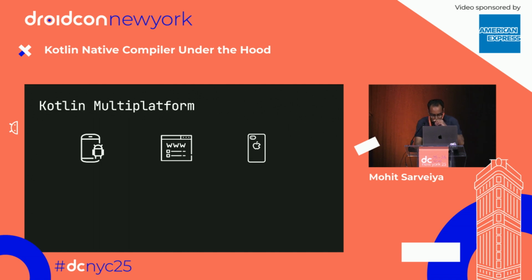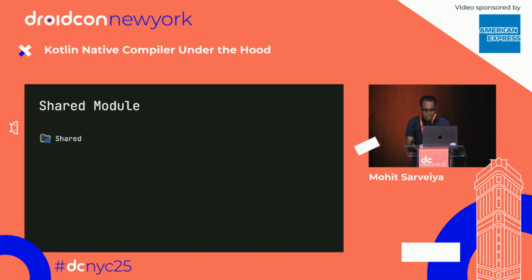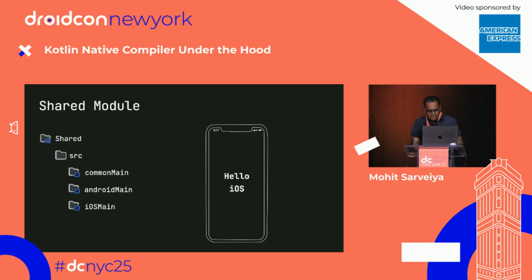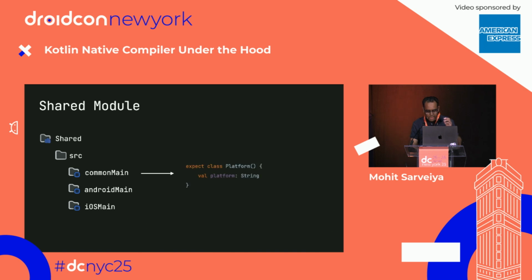Suppose you had a Kotlin Multiplatform application and you were sharing some piece of code. You may be displaying something very simple, where you have a greeting you're going to display in iOS. You may have used expect/actual. I'm sure all of you know this.